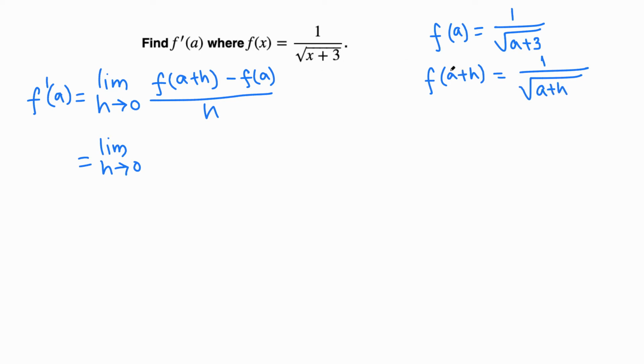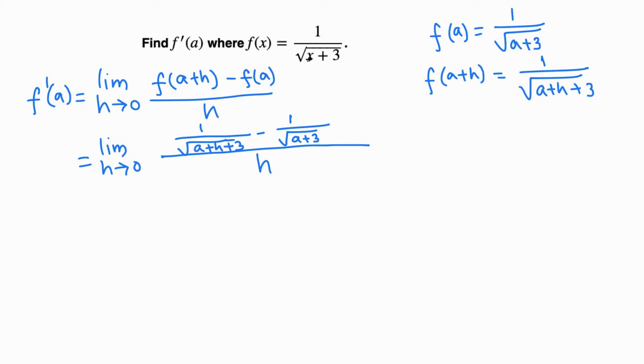X is a plus h plus 3. And they go here, so in this fraction we got h on the bottom. F of a plus h is here, 1 over square root of a plus h plus 3, minus f of a is 1 over square root of a plus 3.